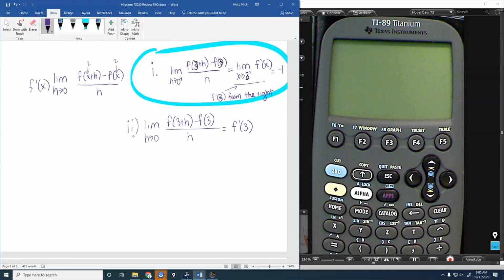So you would say does not exist because f of x is not continuous at x equals 3, and therefore is not differentiable at x equals 3.